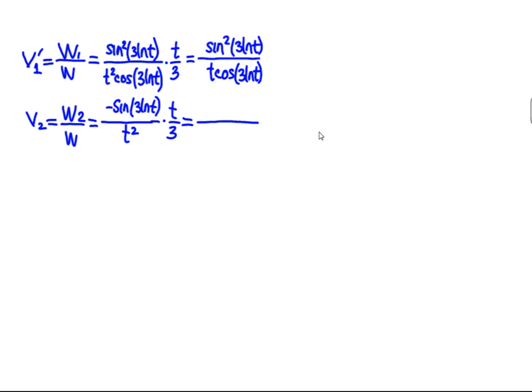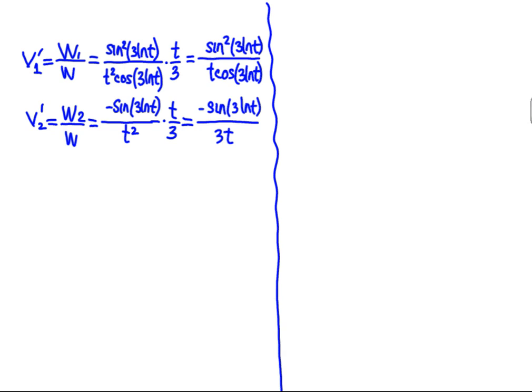I didn't copy all of them, but we can manage. So that will give us negative sine of 3 ln t over 3t. Right. So that gives us V1 prime and V2 prime.